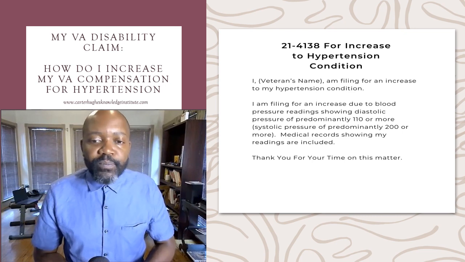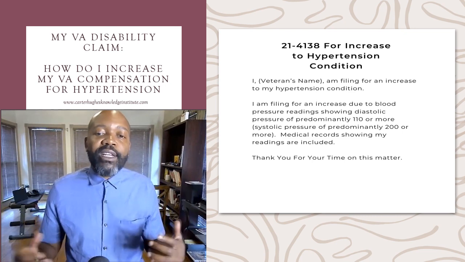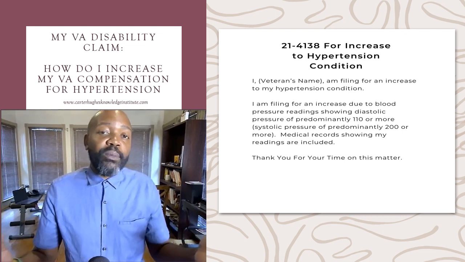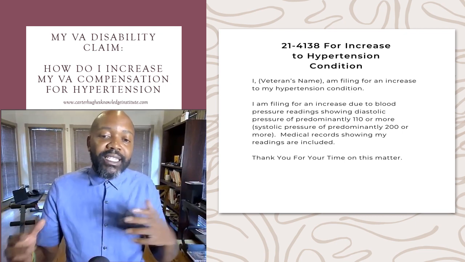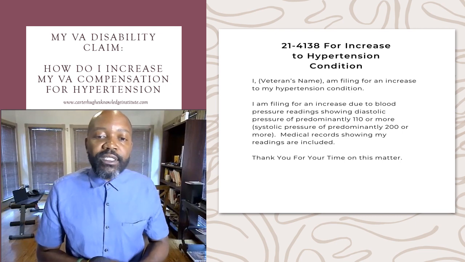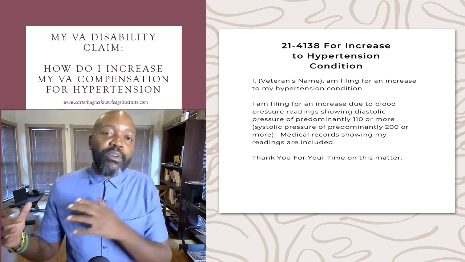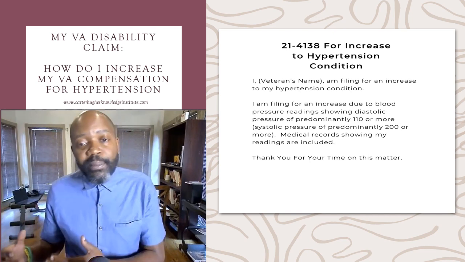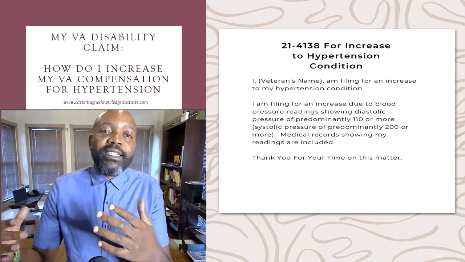Medical records showing my readings are included. This one is pretty straightforward. It's based off of your blood pressure readings. If you have predominant readings of 110 or more, that's what will take you from the 10% to the 20%. In this scenario, we're specifically talking about being at 10% and trying to get to 20%.